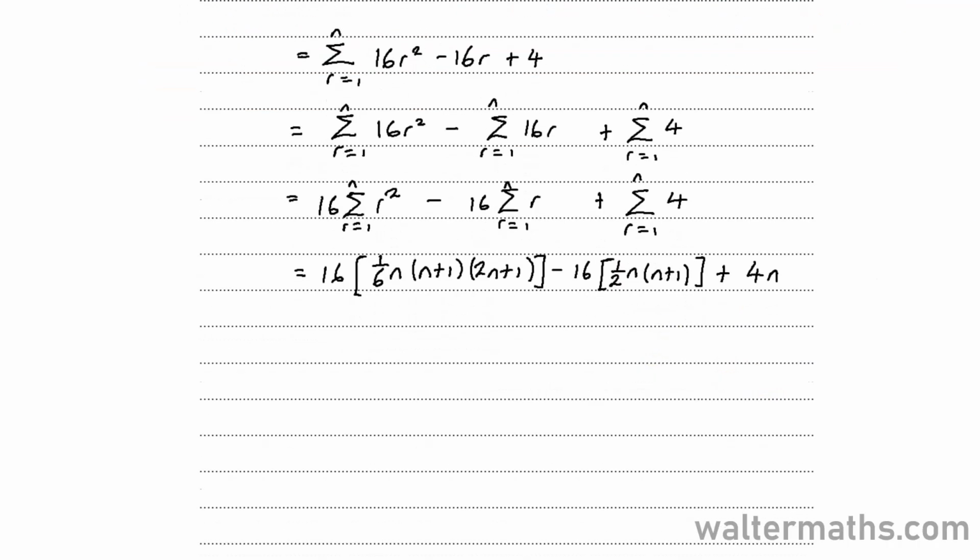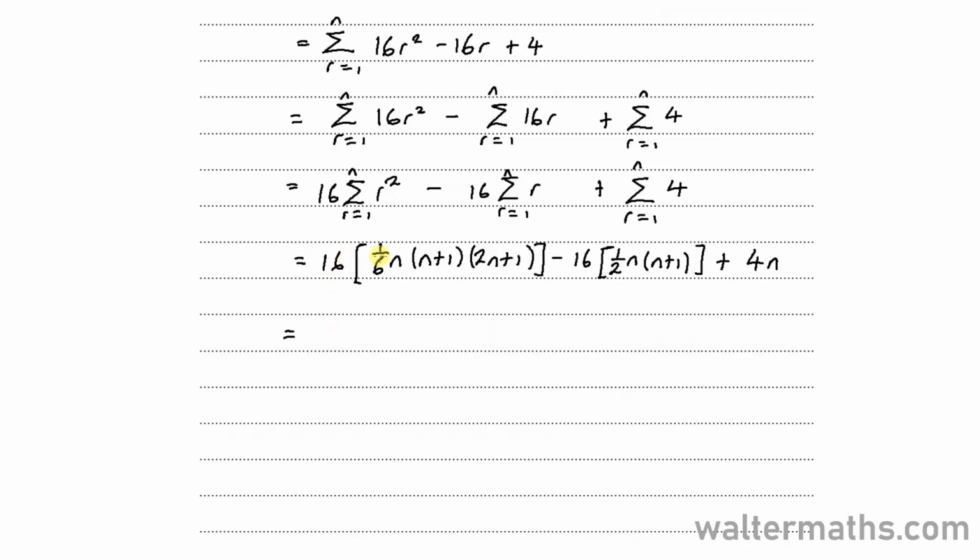So we can simplify this. Here, 16 times a sixth n is 8 over 3 of n. And multiplying these two brackets, we are going to get 2n squared plus 3n plus 1. And that's minus, here 16 times a half n is minus 8n, and we're going to multiply that by (n plus 1), and it's plus 4n.